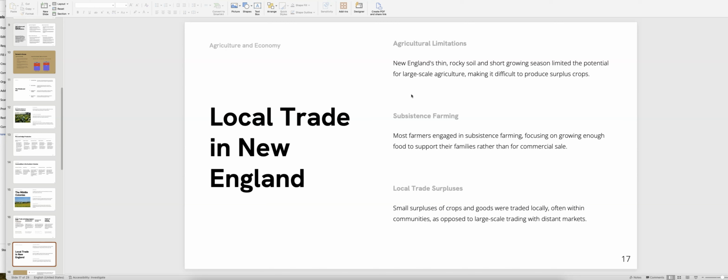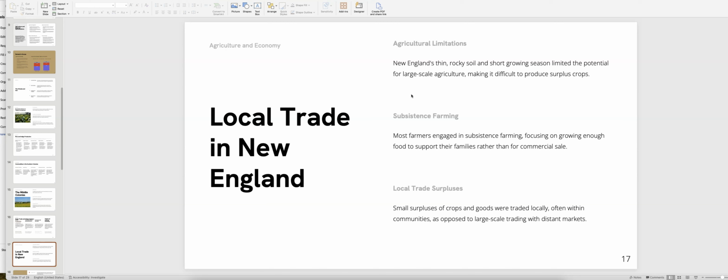When it comes to New England, let's say in my structure to you, let's think of these as three independent countries. Southern colonies, again, largely an export country. The middle colonies, subsistence and agriculturally related.